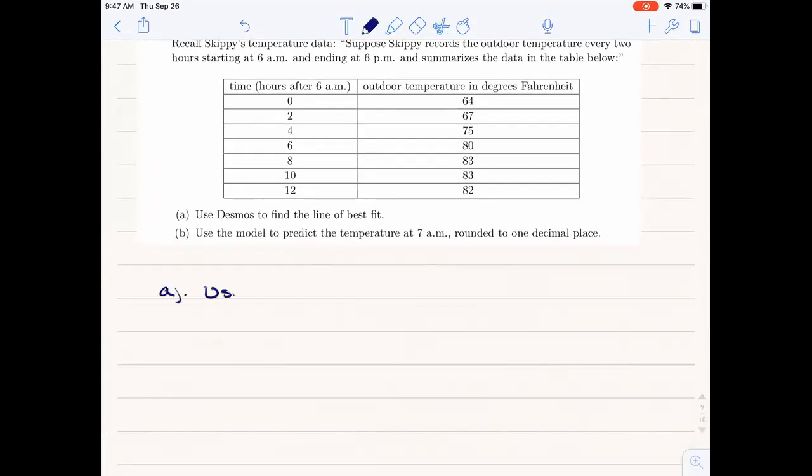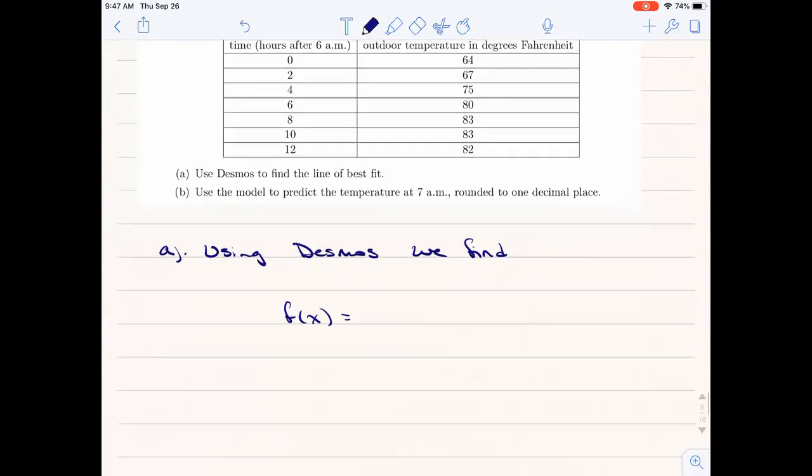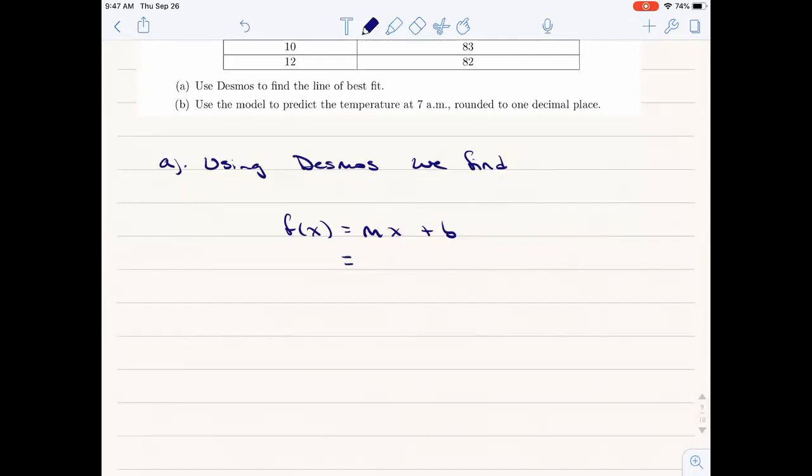Part A, using Desmos, we find that f of x, or you could do f of t or lowercase t of capital T, because it's time and temperature, but f of x is mx plus b, which in our case, we had a slope of, does anyone have it? 1.67857.